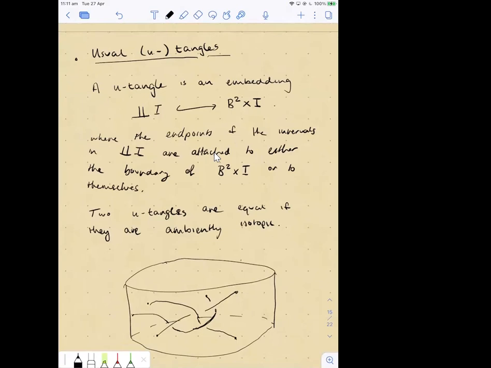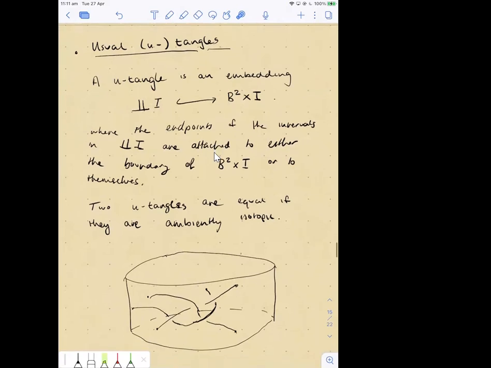A U-tangle is an embedding of copies of the interval into the two-disk across the interval, so essentially into a solid cylinder, where the endpoints of the intervals are attached either to themselves, so we create a copy of a circle, or to the outer edge of this cylinder. And we say that two U-tangles are the same if they are ambiently isotopic.